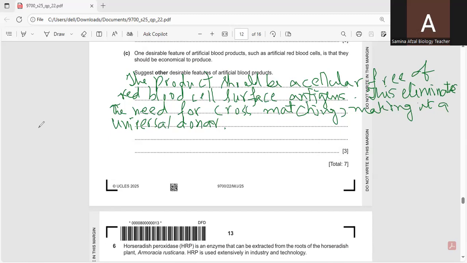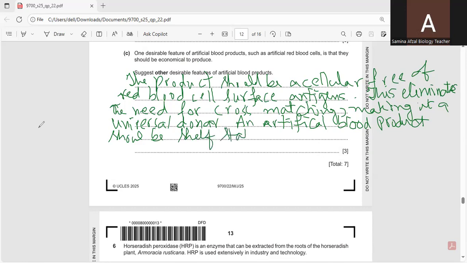Then, an artificial blood product should be shelf stable. It means it should not need to be refrigerated.